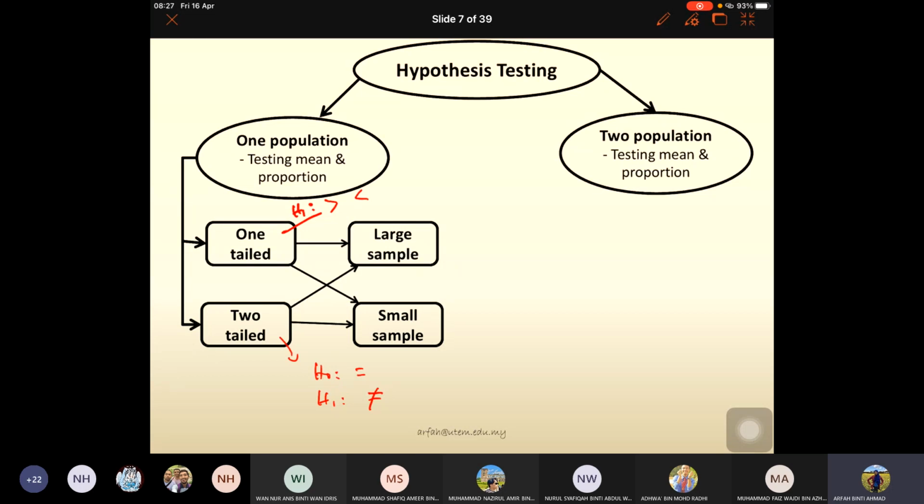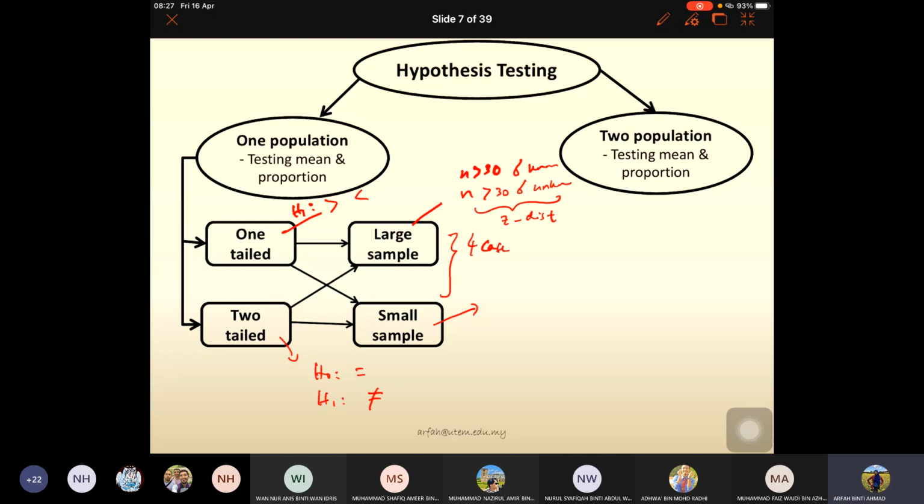Okay. So large sample dan small sample ni akan ada 4 case yang kita dah tengok. Large sample n greater than 30, sigma known and also n greater than 30 with sigma unknown. Okay. So ni dua akan follow Z distribution.